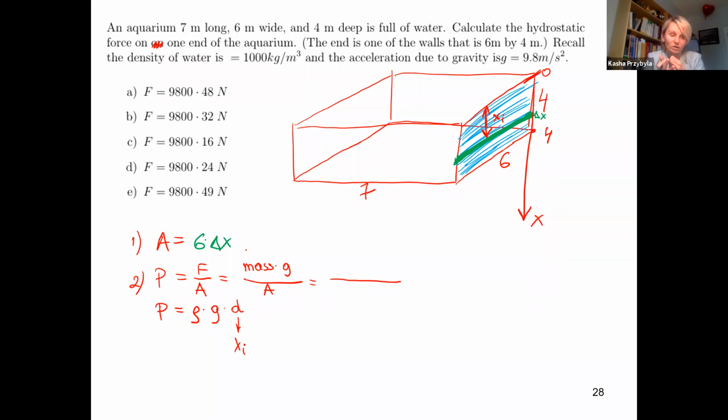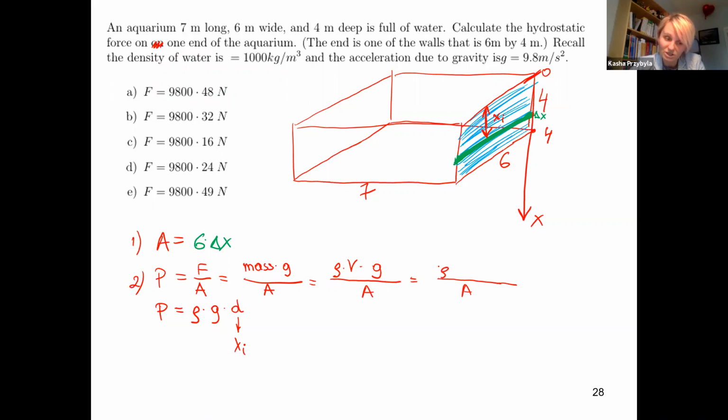We need the density and the volume, because mass is the amount, the volume of that water, times the density. That means mass is simply rho times the volume, and still g. I'm trying to derive the formula for you.